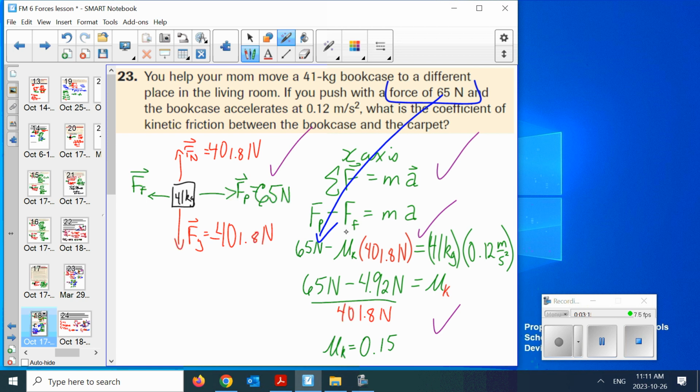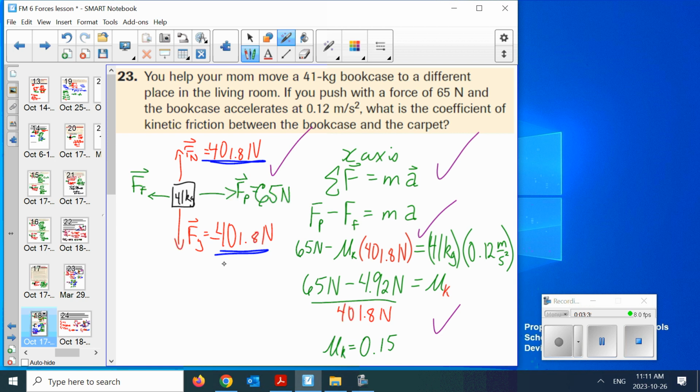Okay. Now, the force of friction, I'm subbing in the formula, mu times Fn. Does that part make sense? So that's why I subtract mu k times 401.8. I figured that out because it's the opposite of the weight.